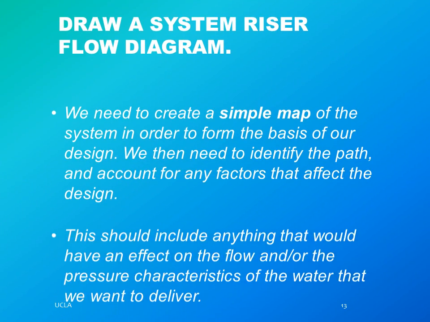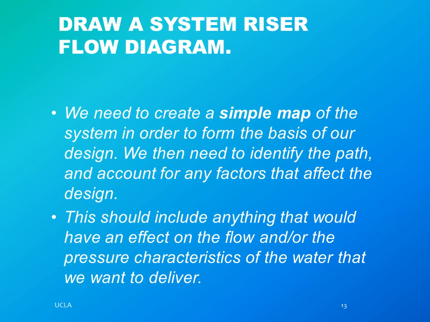I'd like to draw a system riser flow diagram. We need to create this simple map of a system so that we can form the basis of our design. We need to identify the path of the water and account for the factors that affect the design.